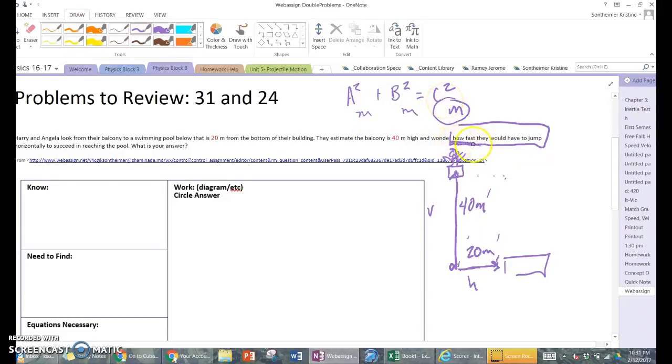Well, they want to know how fast. So what we're trying to find is velocity. So the things I know: the distance of the horizontal component is 20 meters. The distance of the vertical component is 40 meters. And these are important.